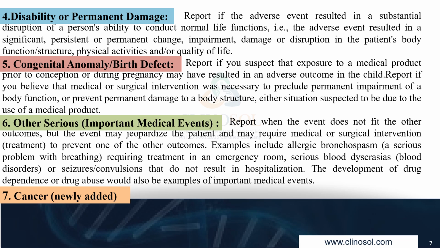Examples include allergic bronchospasm, which is a serious problem with breathing that requires treatment in an emergency room, and serious blood dyscrasias, which is a blood disorder, or seizures or convulsions that do not result in hospitalization. The development of drug dependence or drug abuse would also be an example of an important medical event. And cancer, which is newly added.